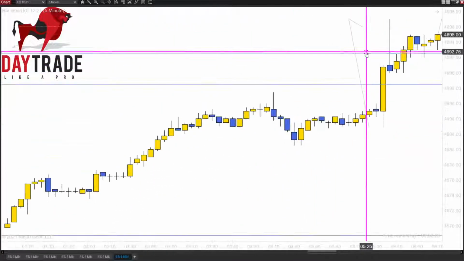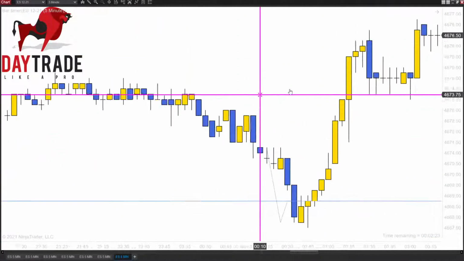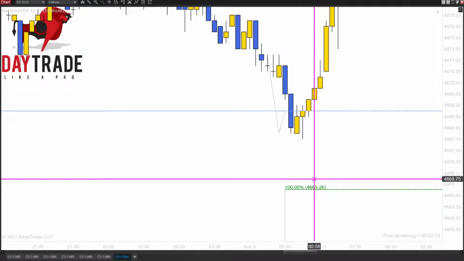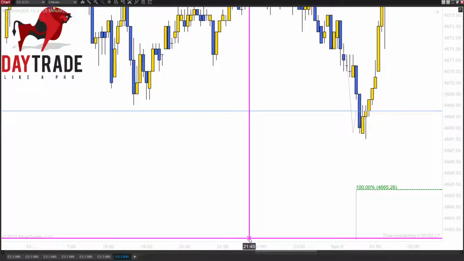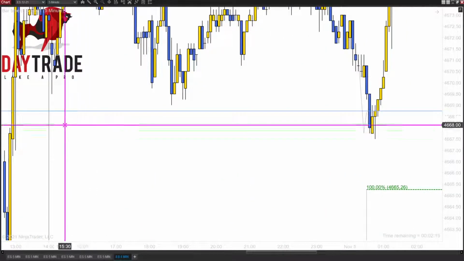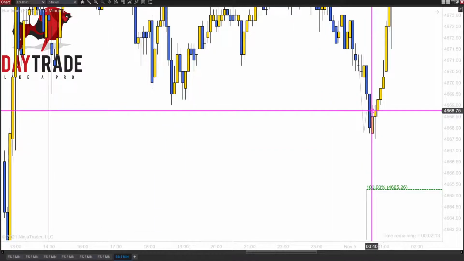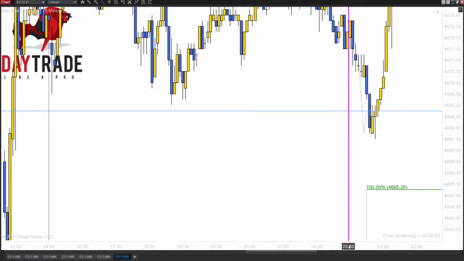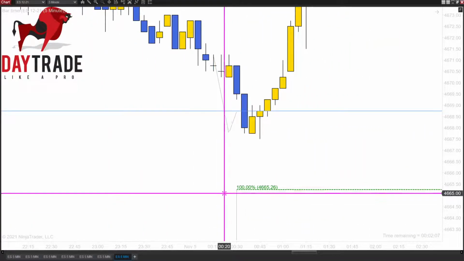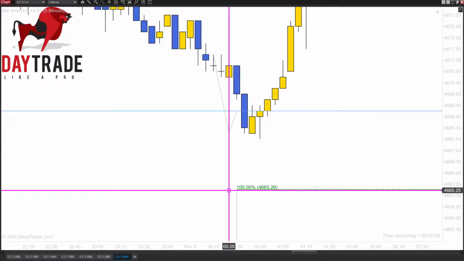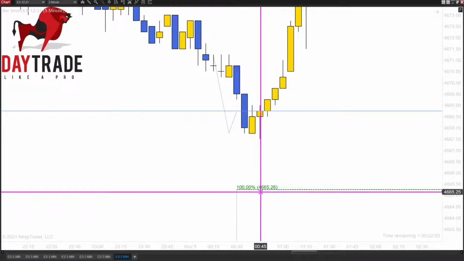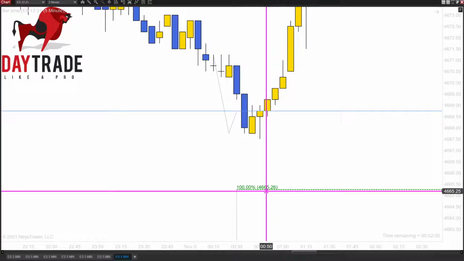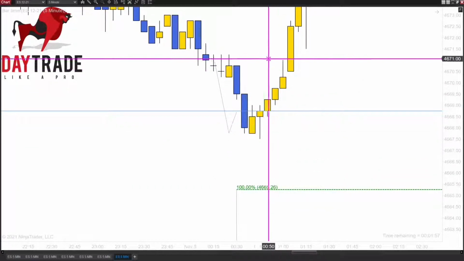Why that was is because if you go way back, what had us skeptical of any sustained move up is that at the beginning of Globex, which is right here, and then this is the break, we had this 65 quarter target down here, and it never got hit. By itself, that was sort of like, well, I don't know what the statistics are. It'd be great to have that.